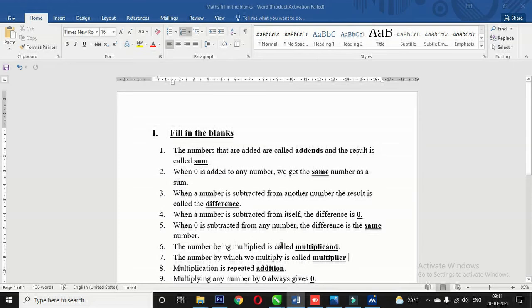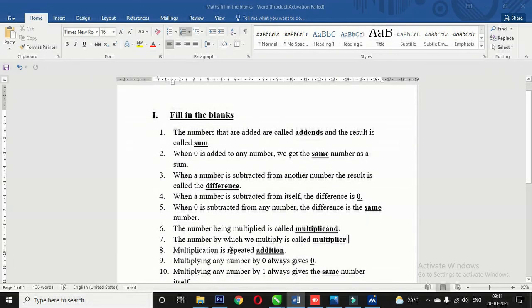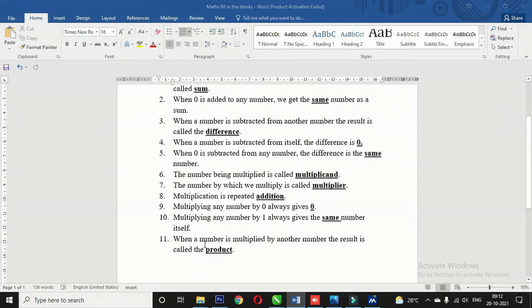The number being multiplied is called multiplicand. The number by which we multiply is called multiplier. Multiplication is repeated addition. Multiplying any number by 0 always gives 0. Multiplying any number by 1 always gives the same number itself. When a number is multiplied by another number, the result is called the product.